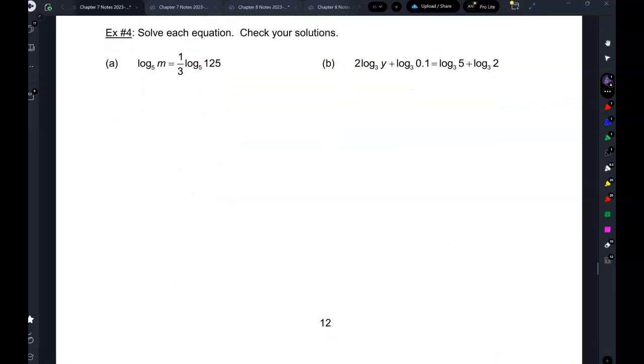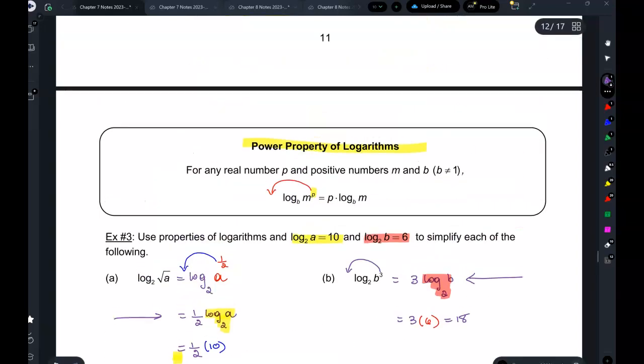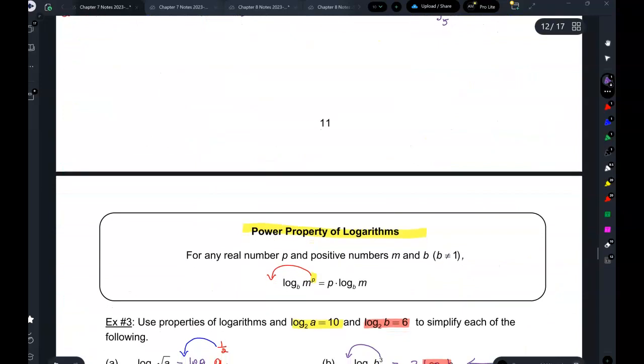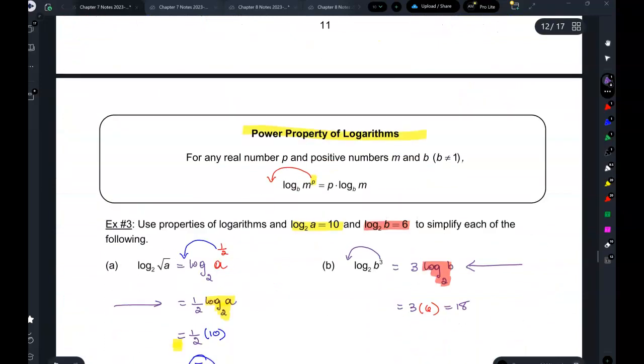Now let's go ahead and solve some equations. Let's take a look at this first one. I have a log and a log. The issue is I have this 1/3 in front. Now look, everything that we did here, you can actually work backwards. Like for example, this P moved down, right?